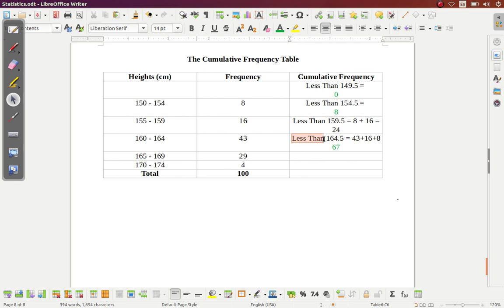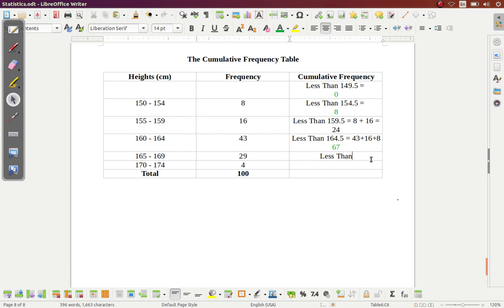Alright, now which models measure less than 169.5? I'm not talking about only from 169.5 going down to 164.5. Everybody behind, everybody shorter than 169.5.